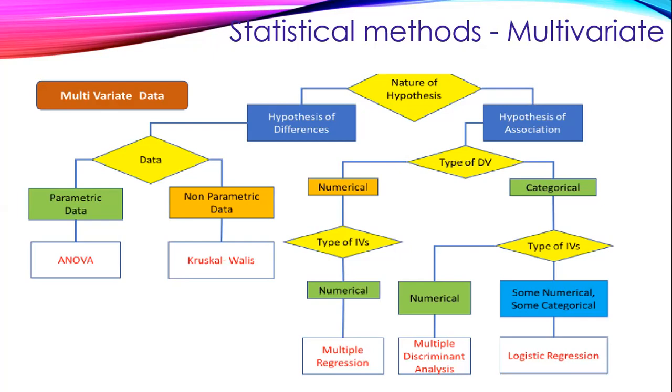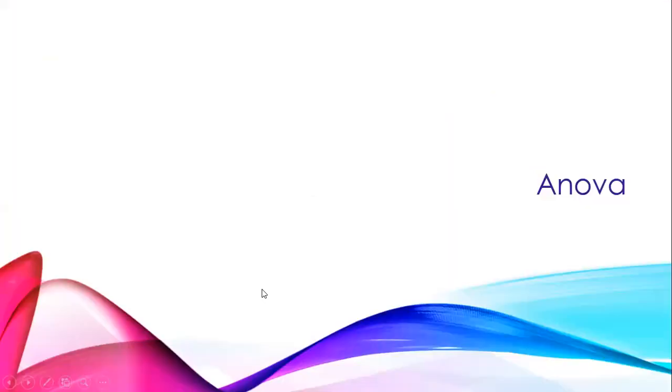Whereas if your data is non-parametric, you have to do an equivalent test called the Kruskal-Wallis test. In the Kruskal-Wallis test, you don't have any requirement that your data should be normally distributed. This is just an identification for you to understand how to decide what test you're supposed to do.